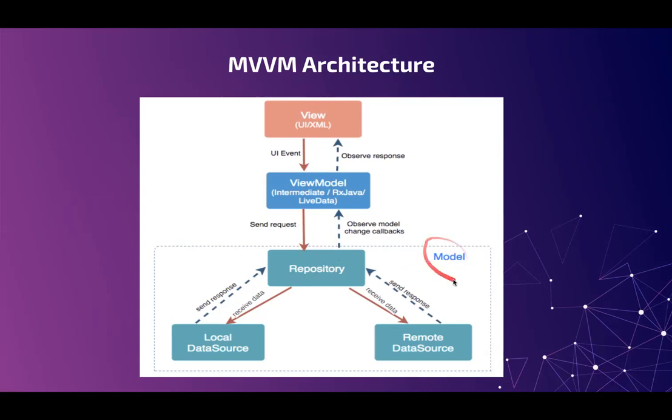But for some reason, the model has changed. The API has now changed. They are changing first name and last name to full name and middle name. For some reason, they are changing the API. So the repository is changing, but the view is not aware of that. The view is expecting first name and last name, and now the repository is giving full name and middle name.